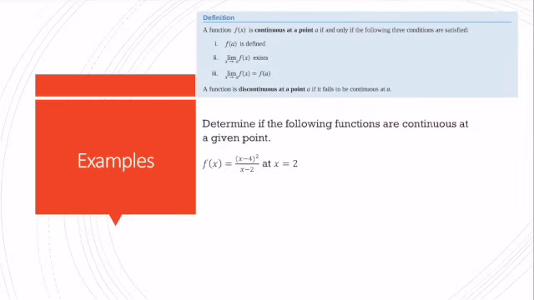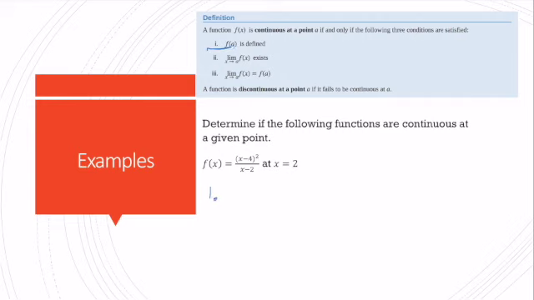So here I have to determine if the following functions are continuous at a given point. I have x minus 4 squared over x minus 2 at x equals 2. For clause 1, is f of a defined?